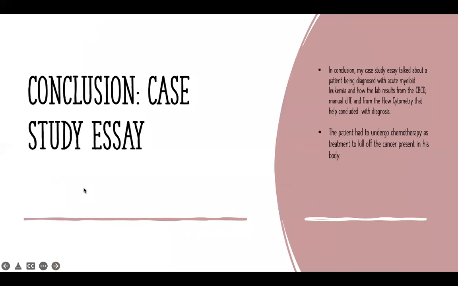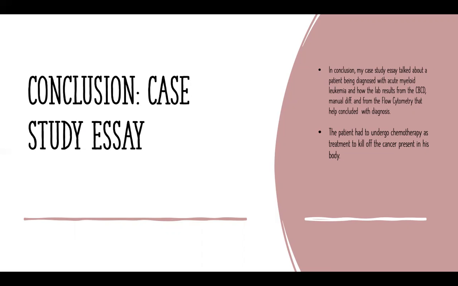So, in conclusion, with the case study, the patient was diagnosed with acute myeloid leukemia with NPM1 mutation, and the AML causes the cells in the patient to develop prematurely in the bone marrow, and it just sends them out like that into the bloodstream.